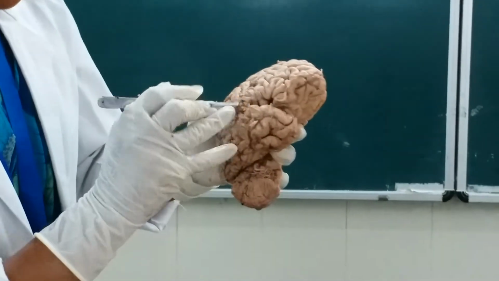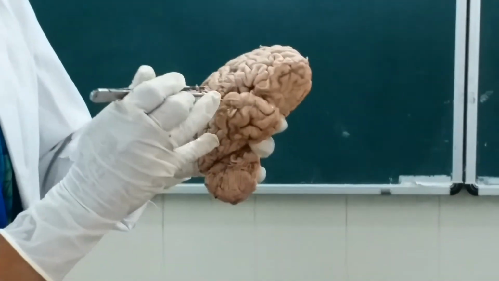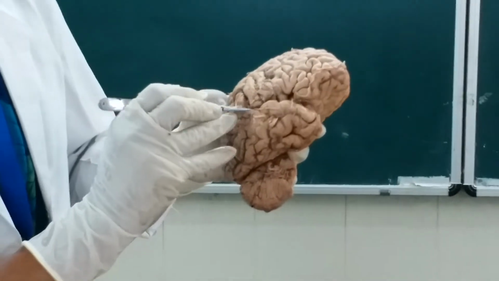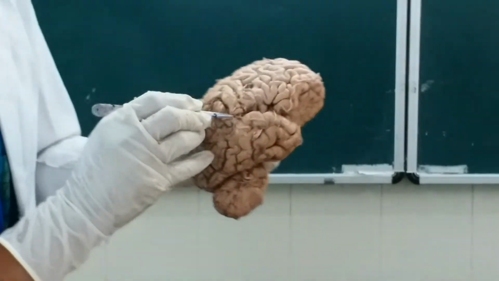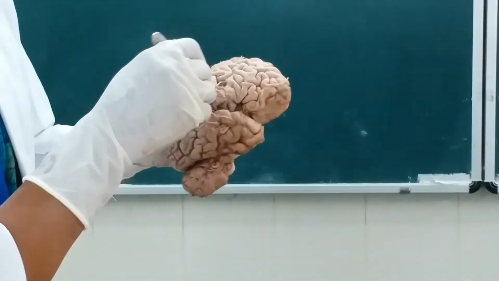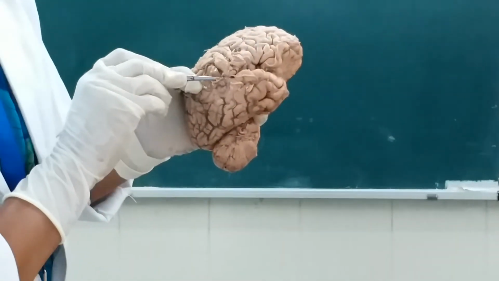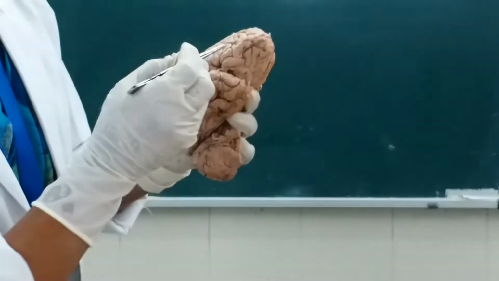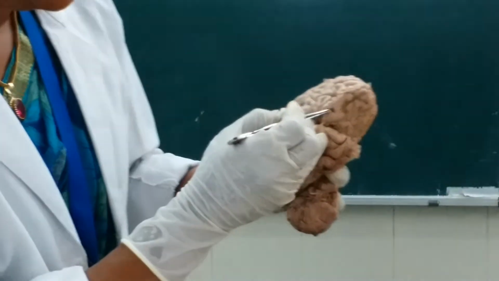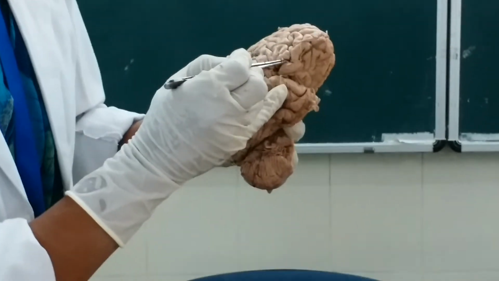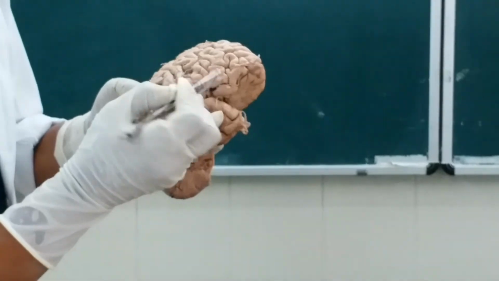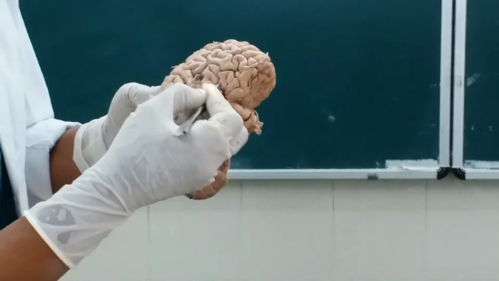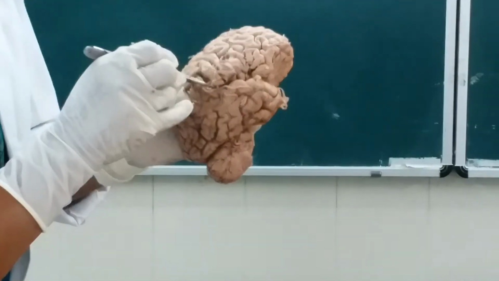This is the posterior ramus of the lateral sulcus, isn't it? This is the anterior or the horizontal ramus. This is the ascending ramus and this is the posterior ramus.